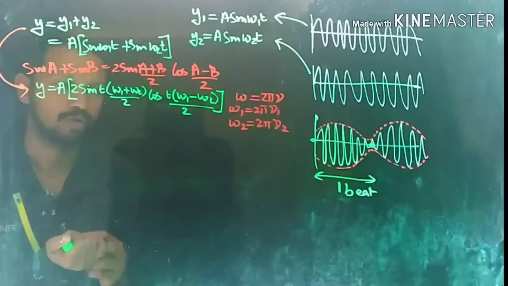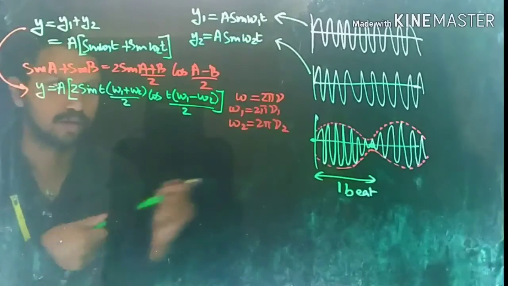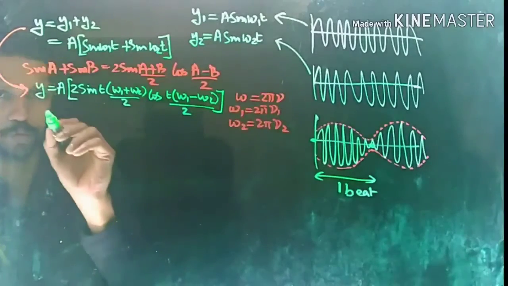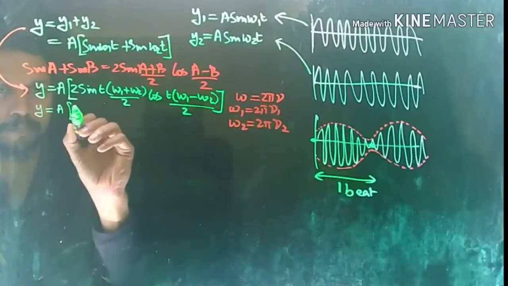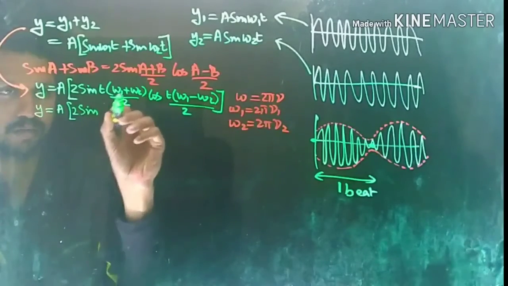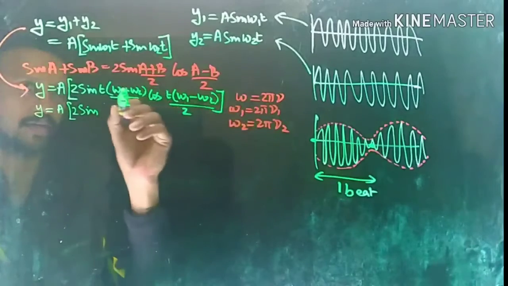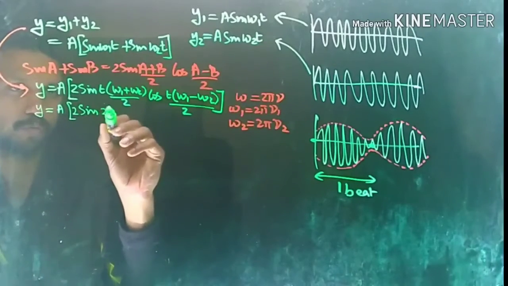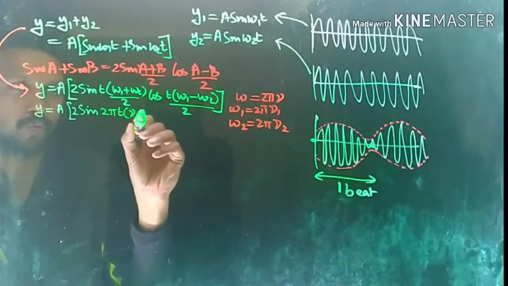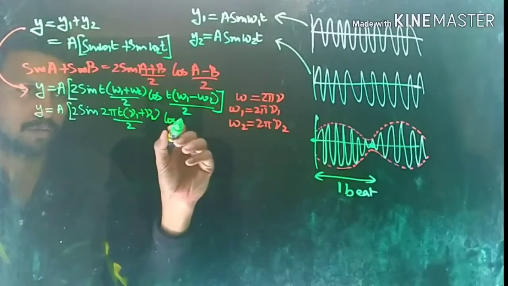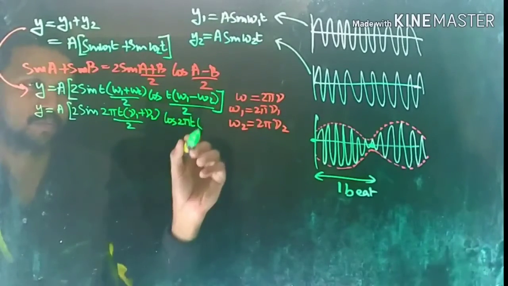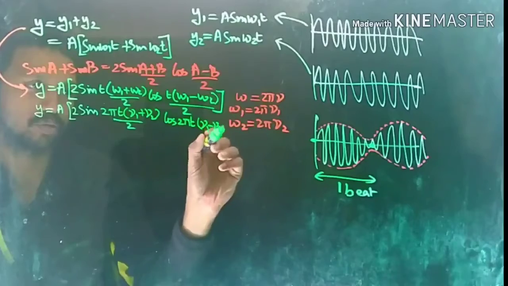On substituting, the equation will be transformed as y is equal to a times 2 sin, t is already out, we can take 2 pi also common out. Therefore, 2 pi t into (nu 1 plus nu 2)/2 cos 2 pi t into (nu 1 minus nu 2)/2.